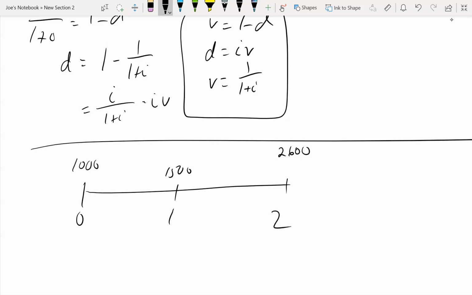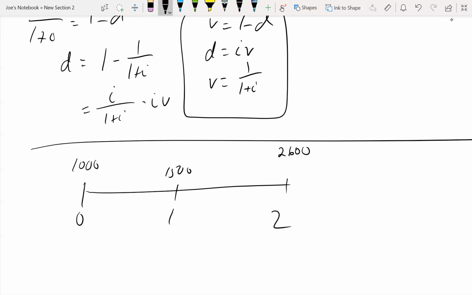All right, so you need to figure out where you want this to be equated. We need to figure out an equation. You need to figure out at what time you want this equated. Now again, the two most popular are at the beginning or at the end. You can do the middle, but usually you think about equating present values or equating accumulated values.